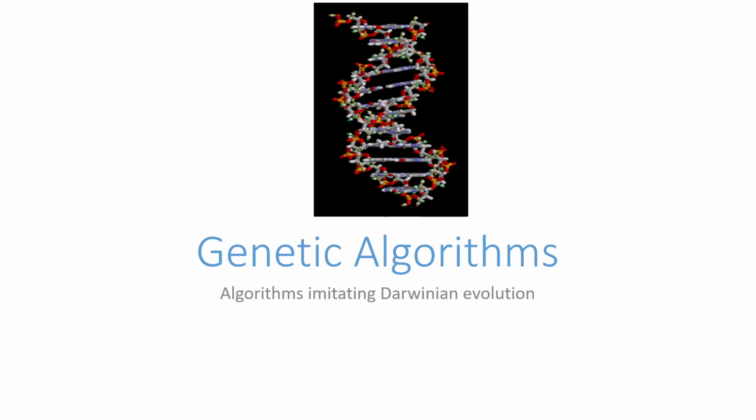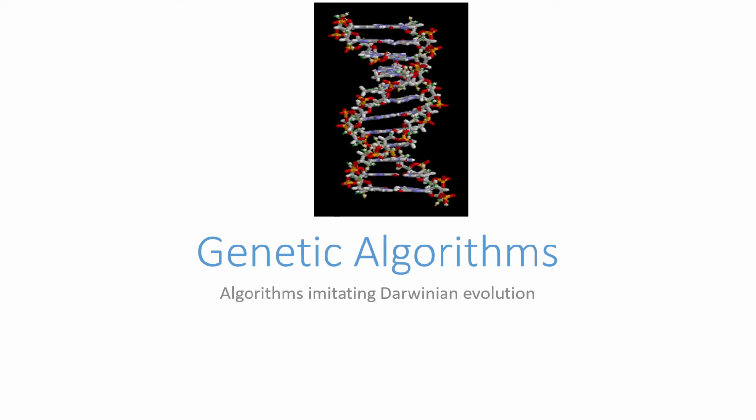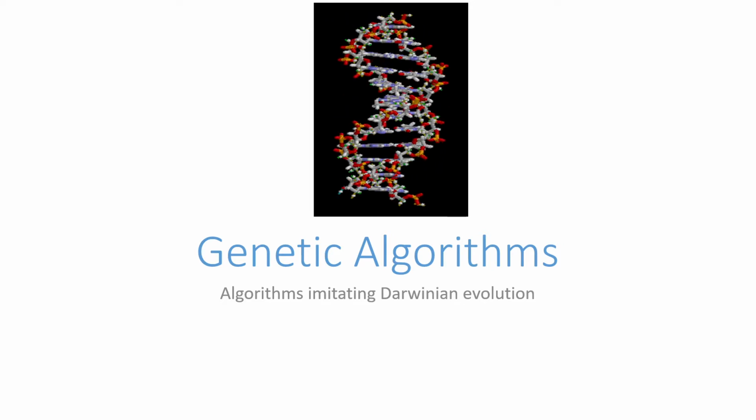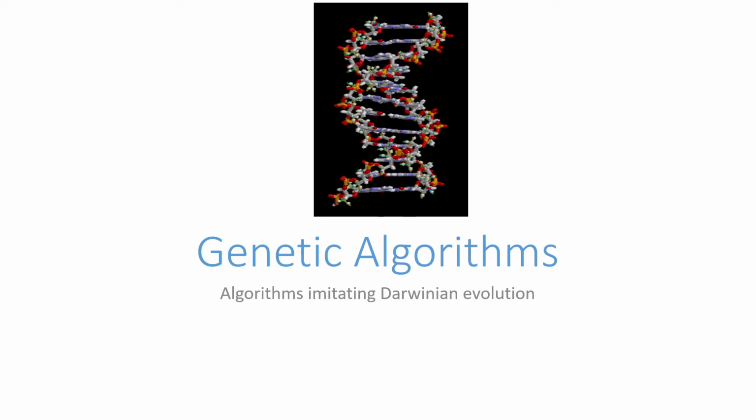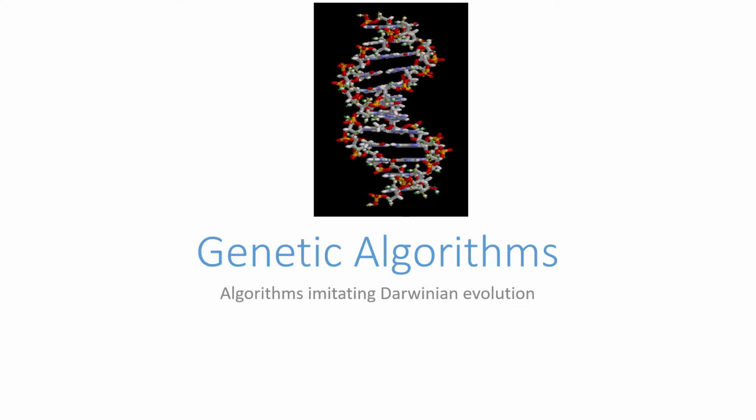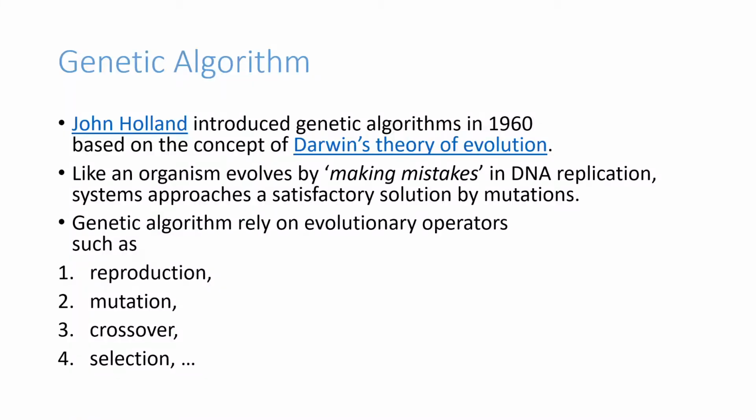The second class of artificial intelligence algorithms is genetic algorithms, which are algorithms inspired by Darwinian evolution. John Holland introduced genetic algorithms in 1960 based on the concept of Darwinian theory of evolution.